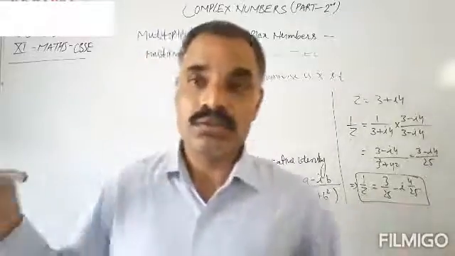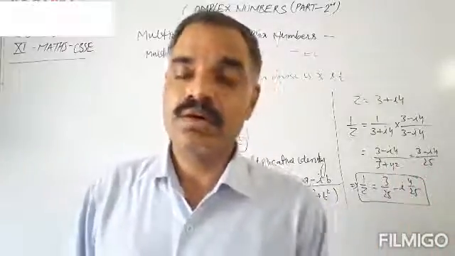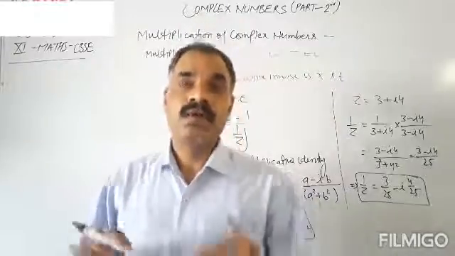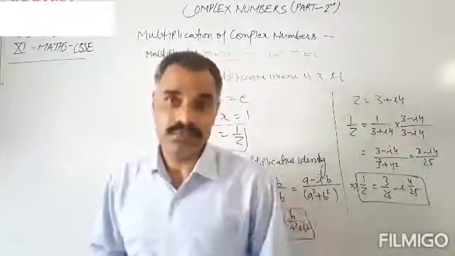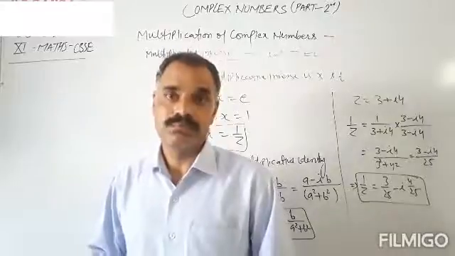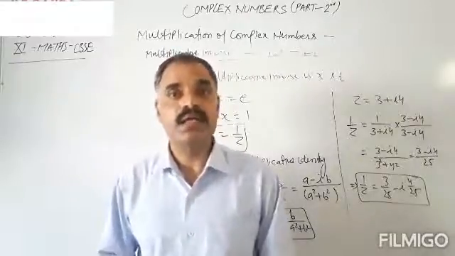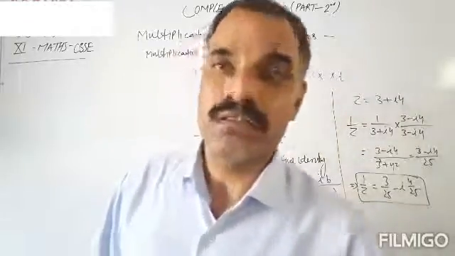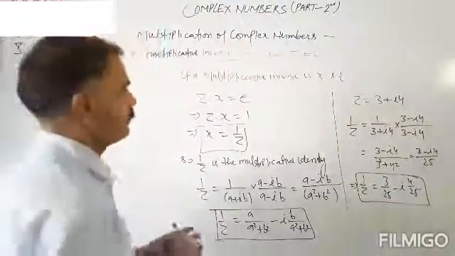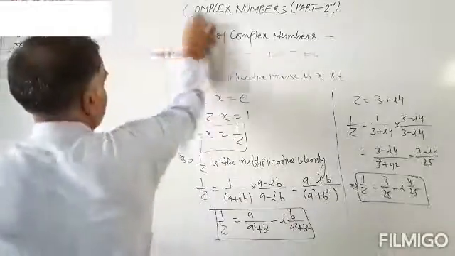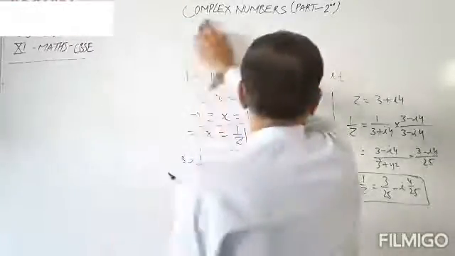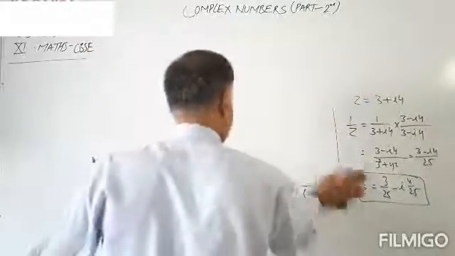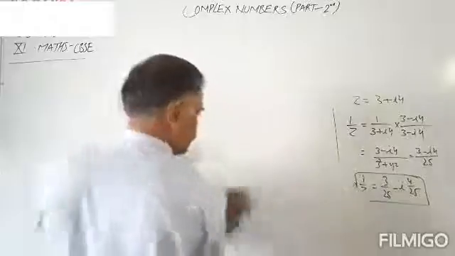So this is all about the properties of multiplication of complex numbers. Now we will discuss the next property, that is division of complex numbers.